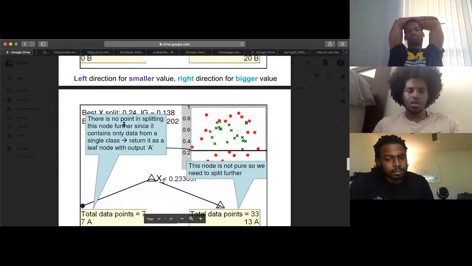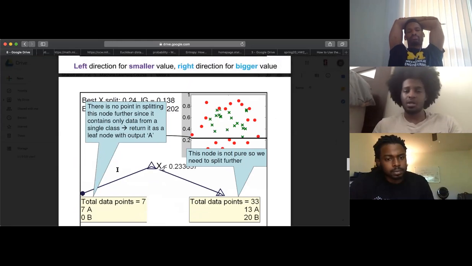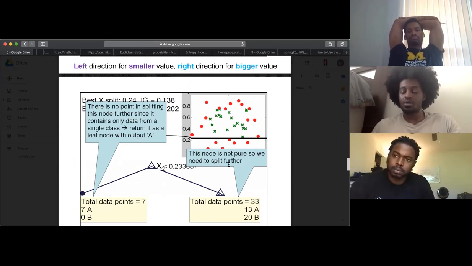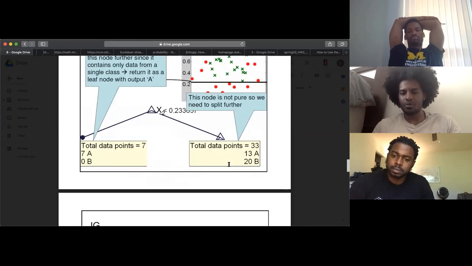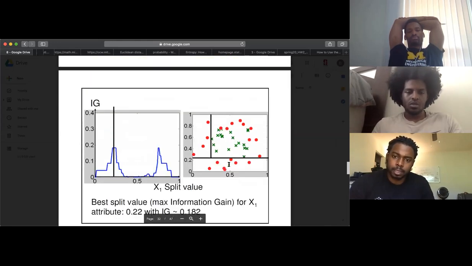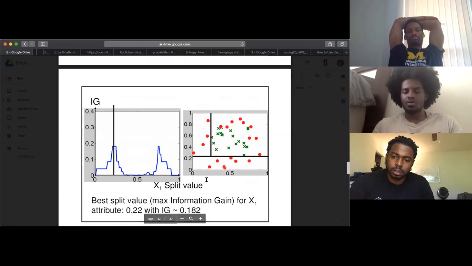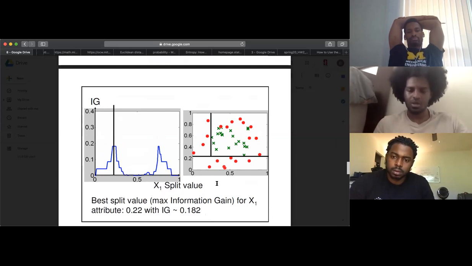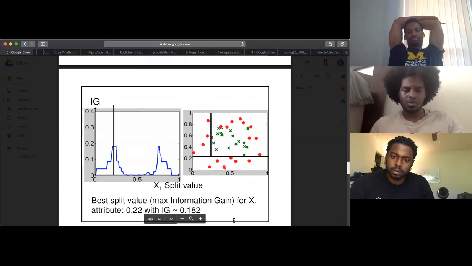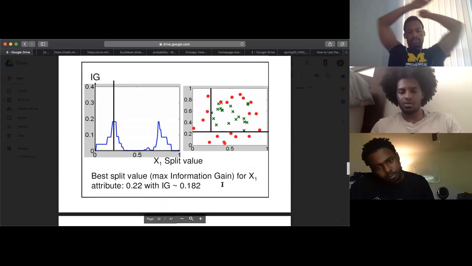On the left side, you have a pure class, so you don't need to split any further and return it as a leaf node with output A. For the right, your class is not pure yet, so we'll split further. Here you'll calculate a split on x1 and a split on x2. Every time you do this, you calculate the information gain again, but with a smaller subset.